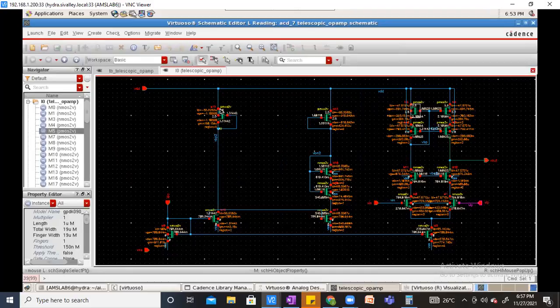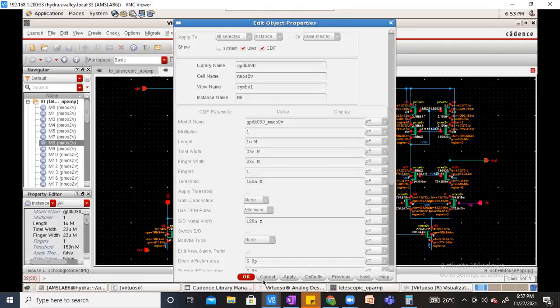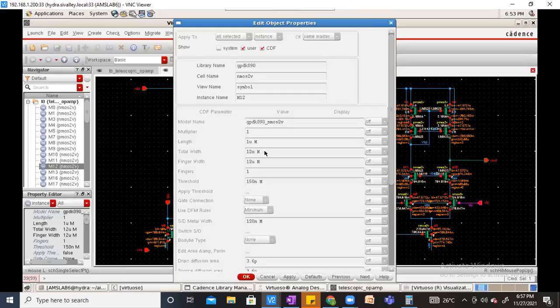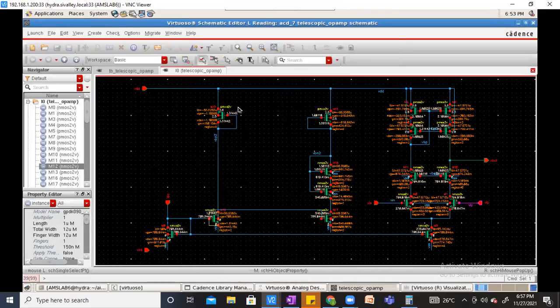So exactly half the current I have taken here. You can see, right? Because here it is 12, 12 so 23, so here I have to make half the current. So what is the half current? The W will be half, here is 12, so 50 microamps will flow here. So same, I am just branching it out here. Okay.